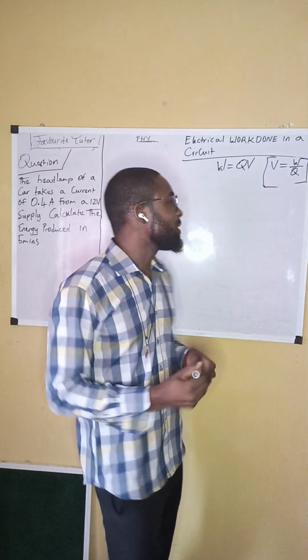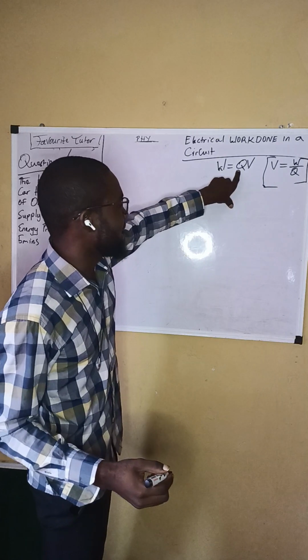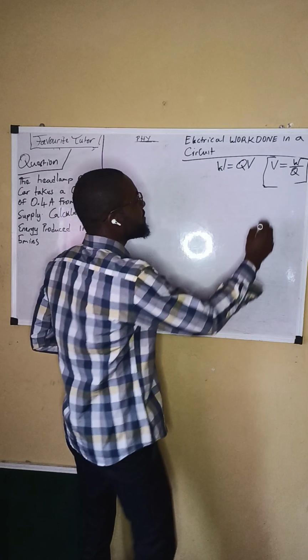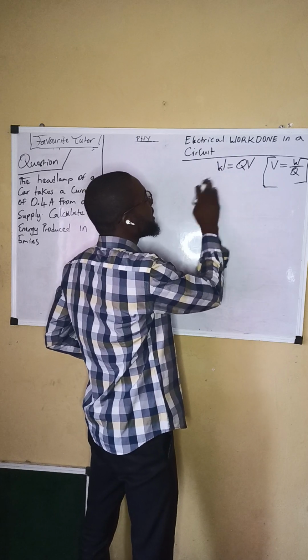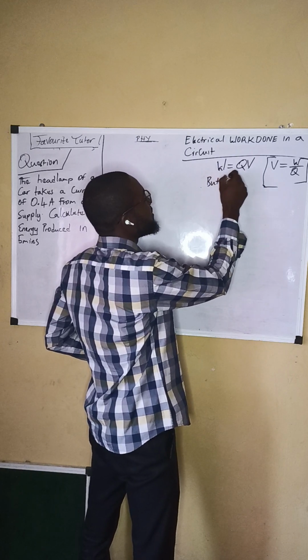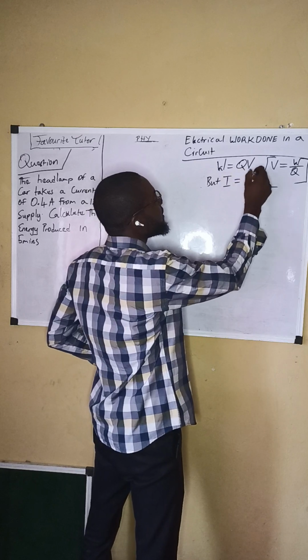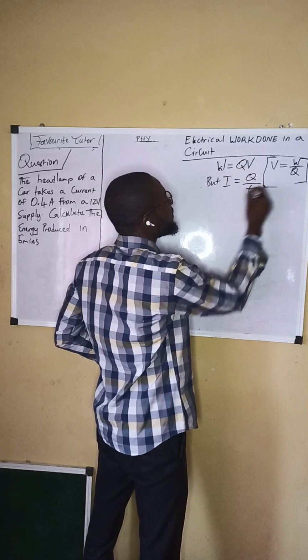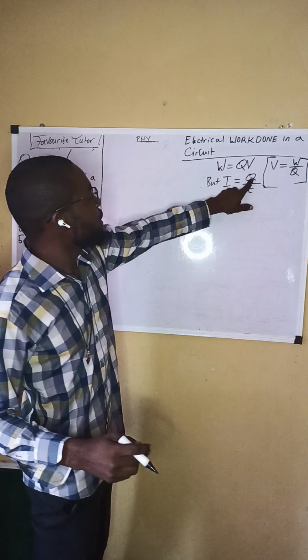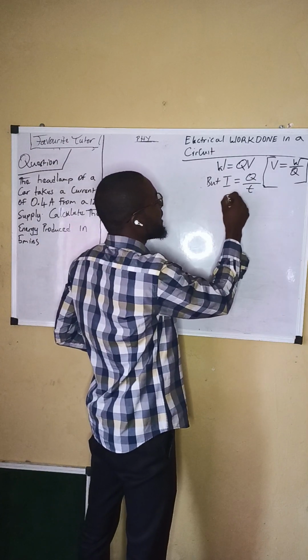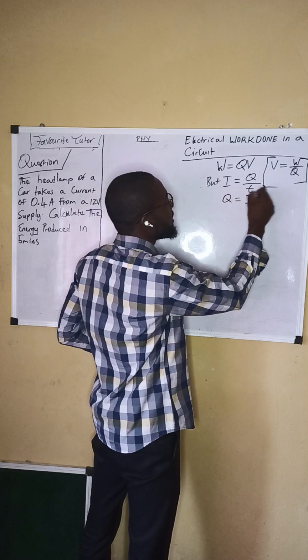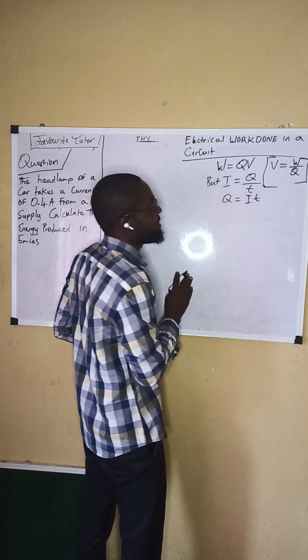We know that current is the rate of flow of charge. So if we make charge the subject of the formula, the charge is equal to the current times time.